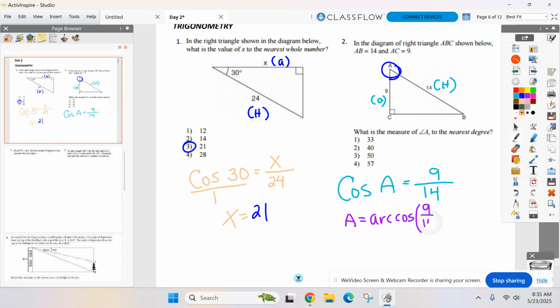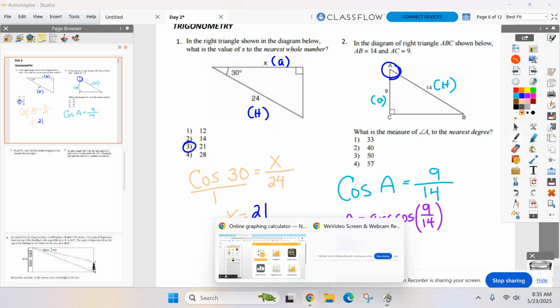We're going to put in that ratio 9 over 14. So just a reminder how we find an angle using sine, cosine, and tangent.